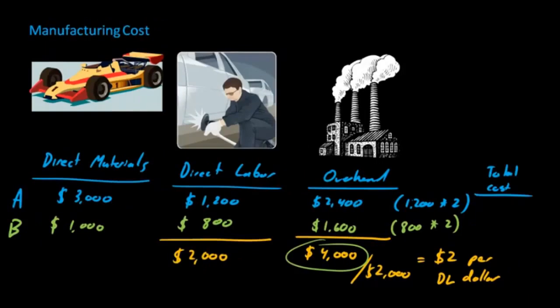And so our total production cost for car A would be 3000 of direct materials, 1200 of direct labor, and 2400 of overhead.